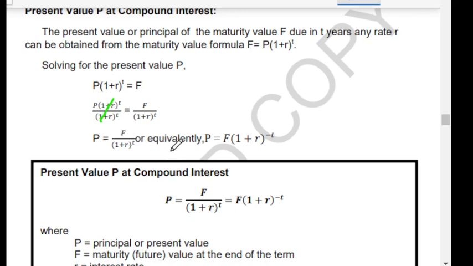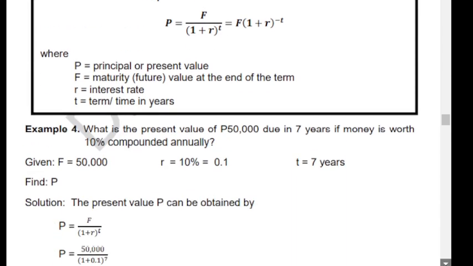Or equivalently, since it is in the denominator, you can move it up but your T becomes negative. Okay? So that is the formula to find the present value.